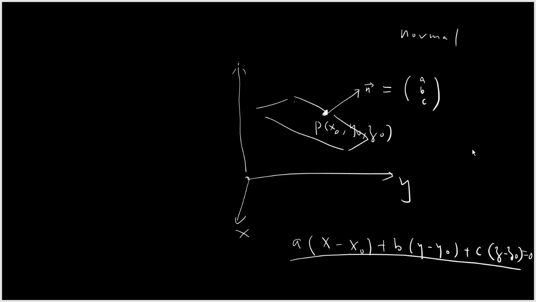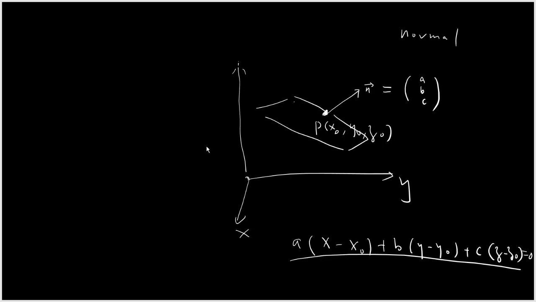The general thing is probably a little abstract to some of you, but I'm going to show you a particular question showing you the meaning. In this formula, A, B, and C are numbers. x0, y0, z0 are numbers. So eventually you have a linear equation of three unknowns, x, y, and z.